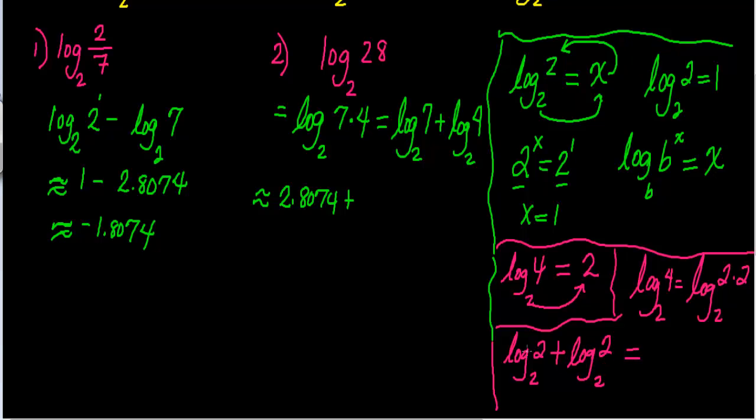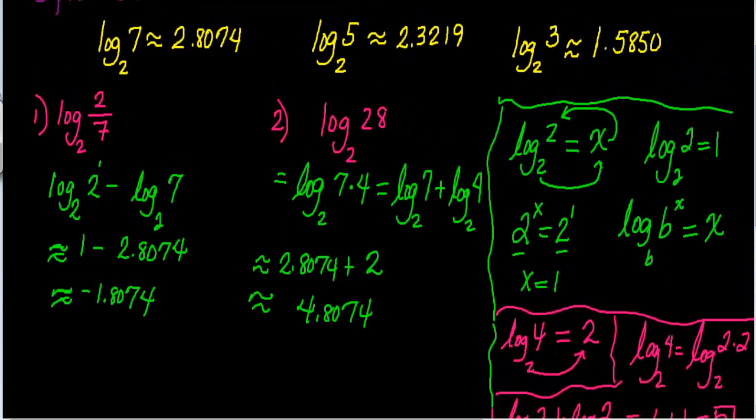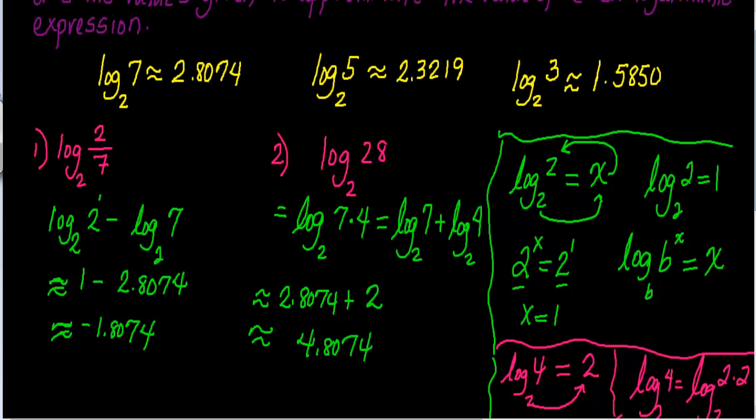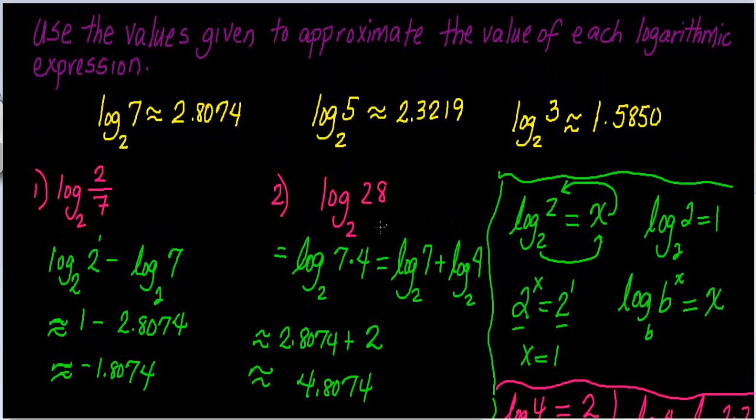And that is equal to 1 plus 1 because log base 2 of 2 is 1, and this is equal to 2. So either of the two ways you will get a 2. So this is plus 2. And that will be approximately equal to 4.8074. There you have it. And that's how you use these values when they're given to you to evaluate log expressions.